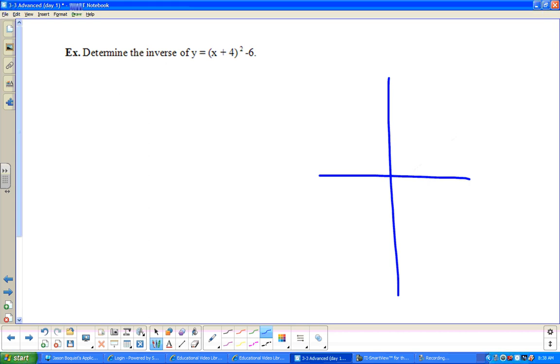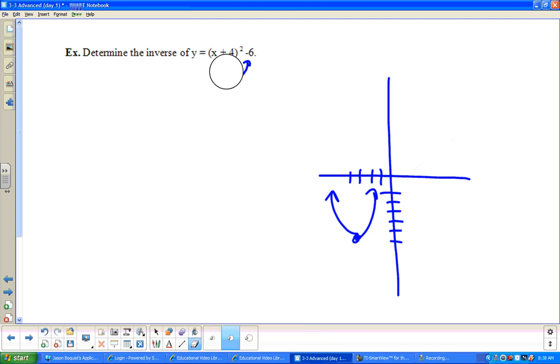Left 4, right, because of that one, and down 6. So left 4, down 6. Now you actually have graph paper on there, right? And should I reflect it? No, so this should open up, down, sideways, what? Up. Okay. So in general, something like that. Agreed? Okay.